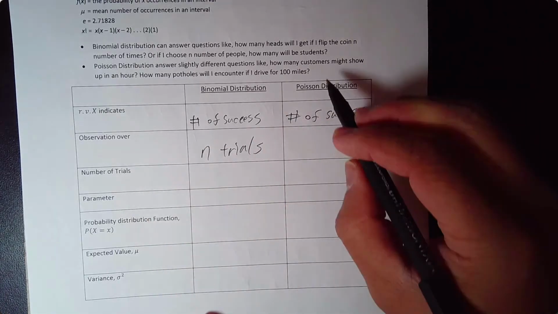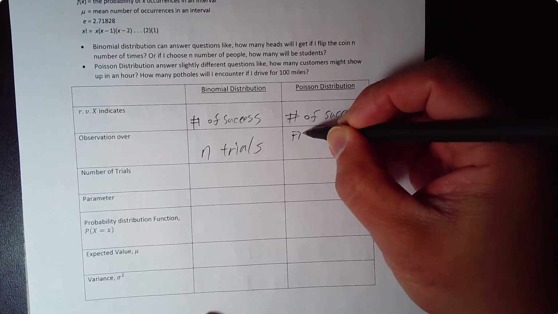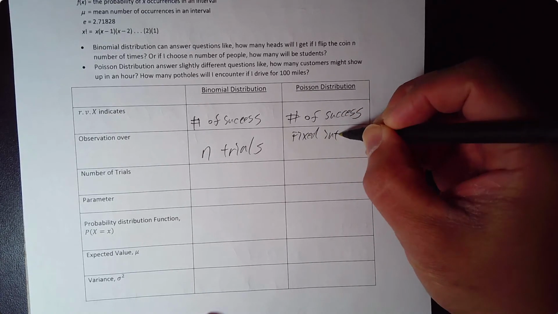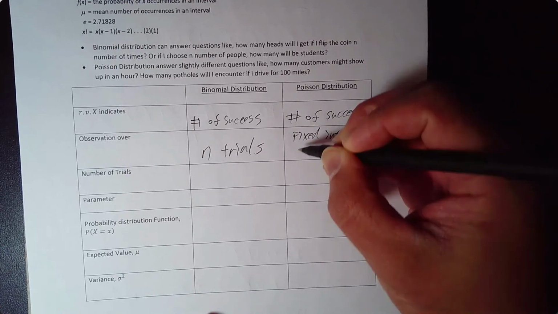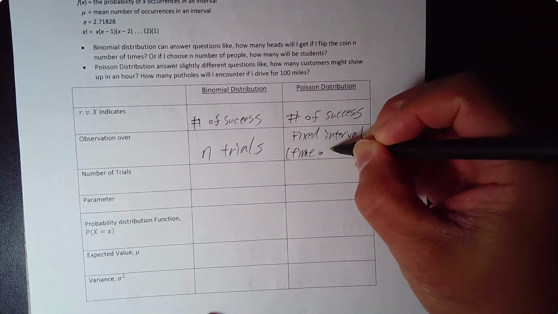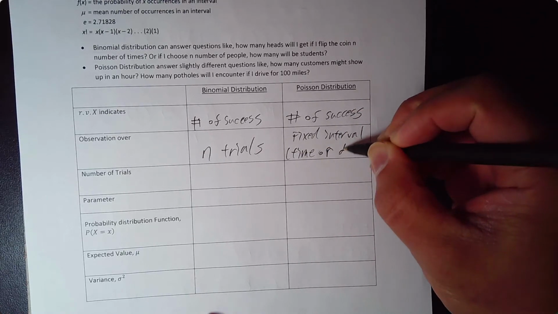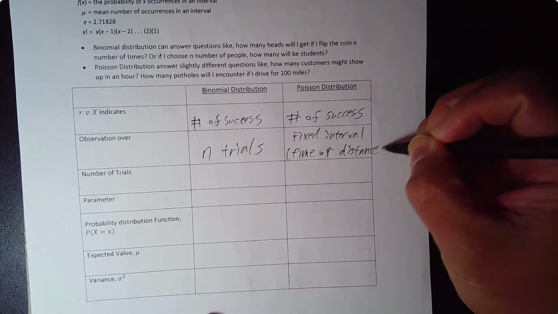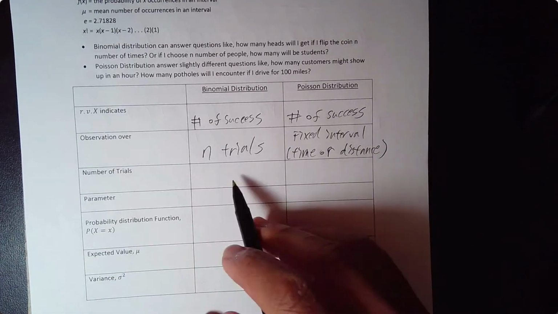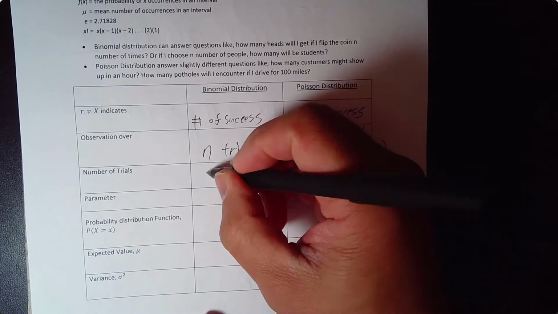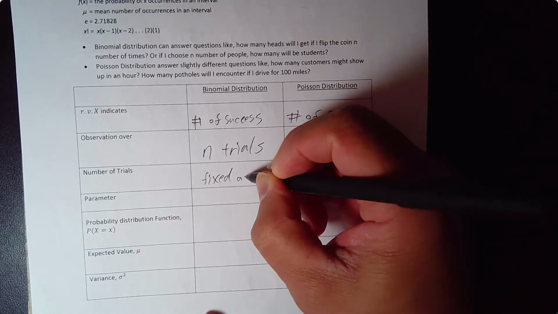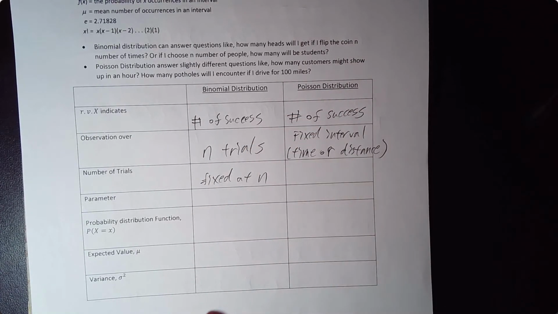Now for a Poisson distribution, it's a fixed interval. That's either time or distance, usually. Now the number of trials for a binomial distribution is fixed at n, because I'm flipping the coin 10 times.